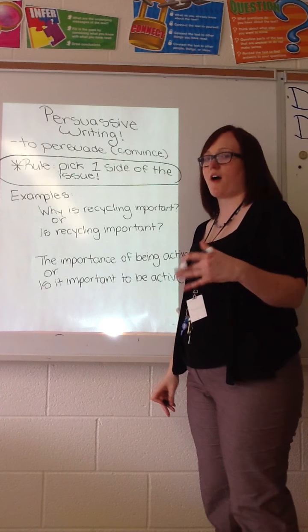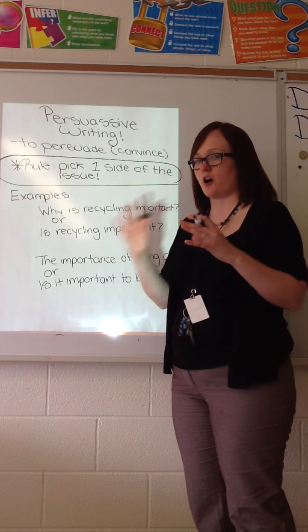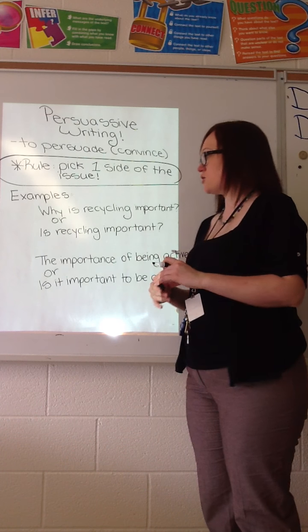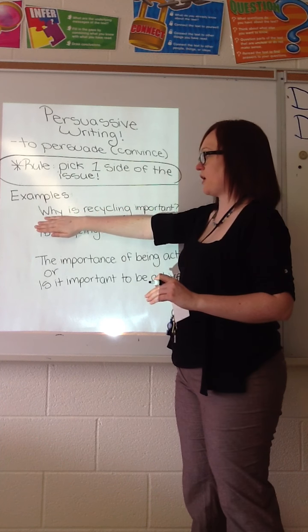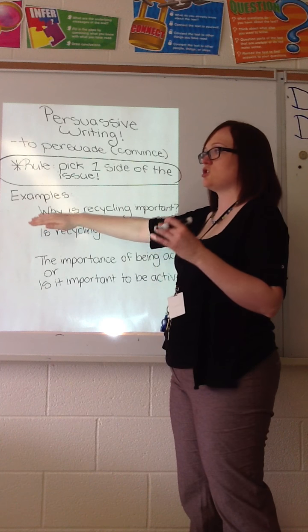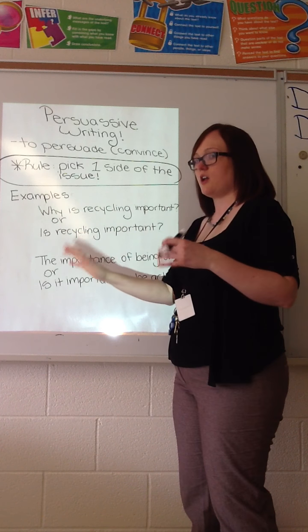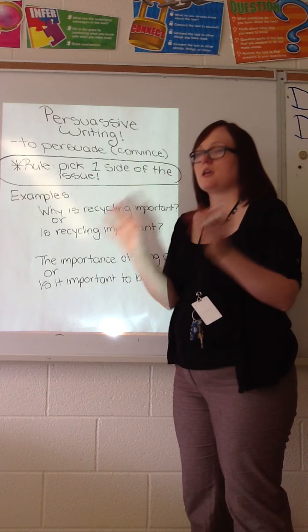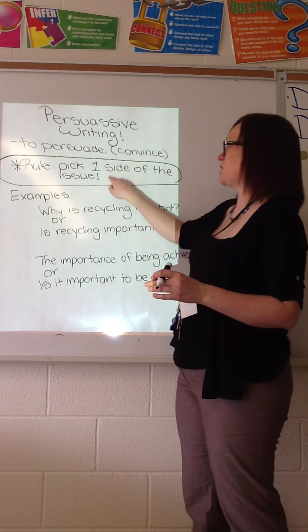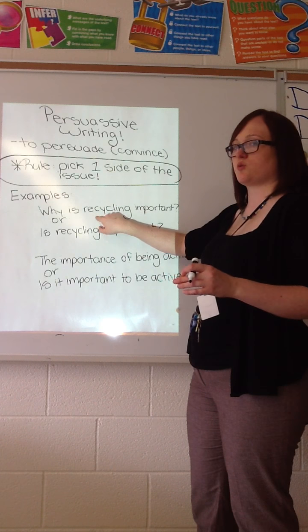In EQAO, often they'll choose what side they want you to argue. They'll choose it for you, and then you have to argue their side. For example, this was a common EQAO question a couple years ago: why is recycling important? You don't get to choose if it's important or not. You have to persuade someone that it is important, with really good reasons of why it's important. They've already given you their side of the issue.